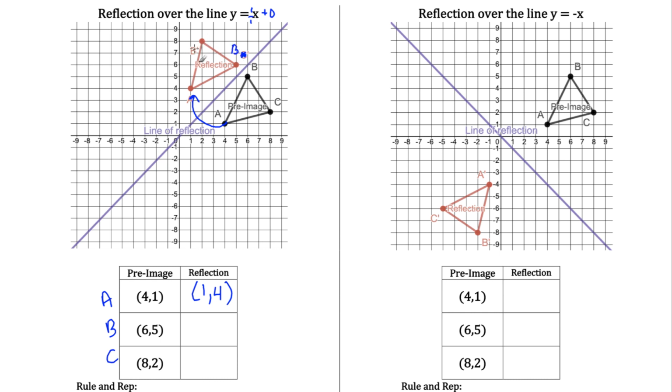This is B prime, and this is C prime. Okay, so B flipped over this line, and it was 6, 5, and it became 5, 6. And then 8, 2 flipped over and became 2, 8.